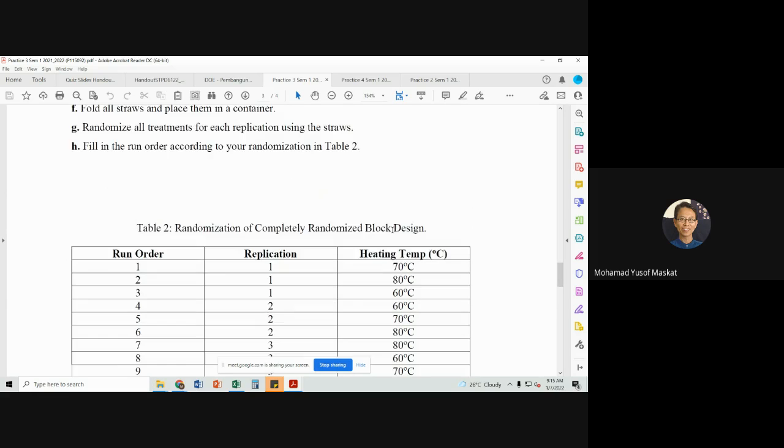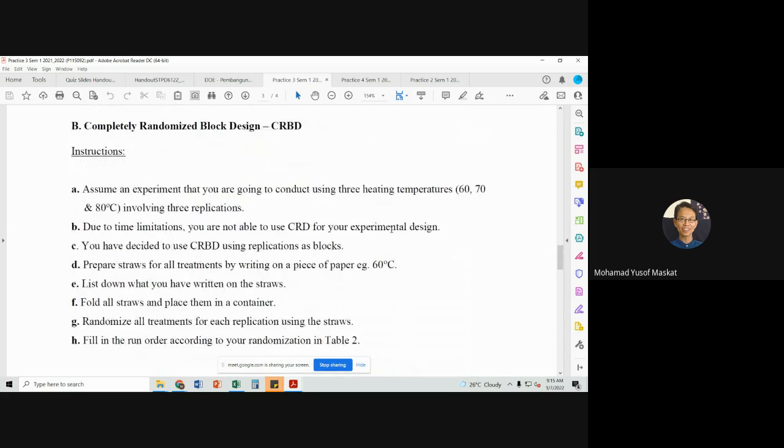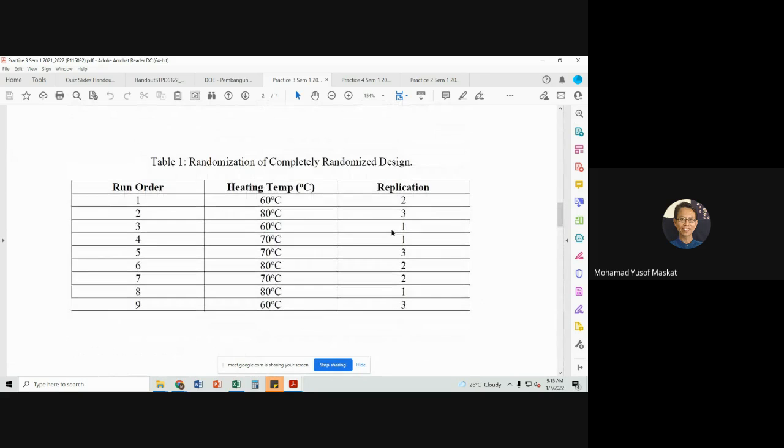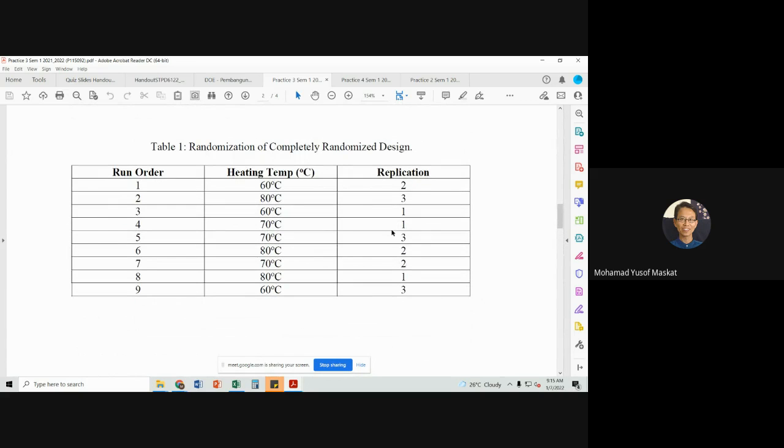The first one that you are asked to do is how to conduct a completely randomized design. Remember, a completely randomized design is for a one factor experiment.